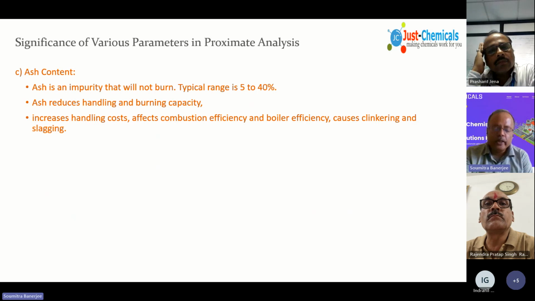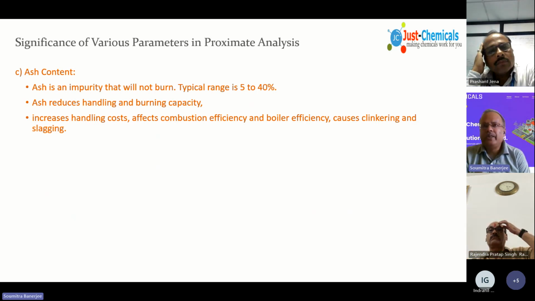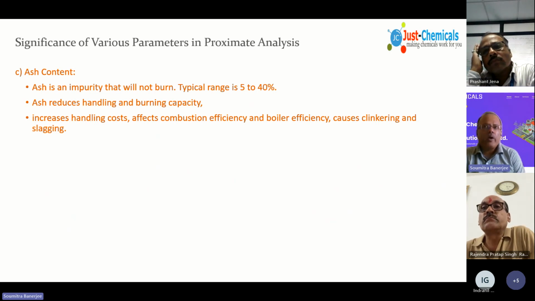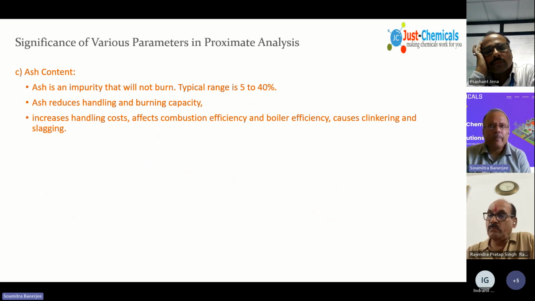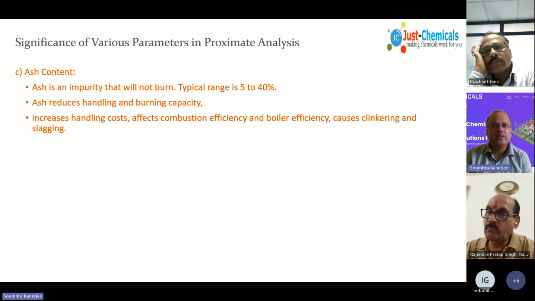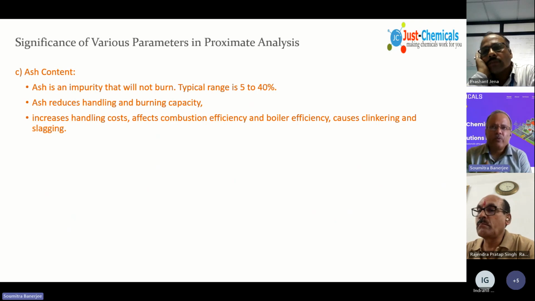Now, there are two components, sulfur and ash, that do not go away during storage. Suppose we have 20% ash in the coal, and the volatile matter, say some 25%, becomes 15%, and the fixed carbon also reduces by 10%.